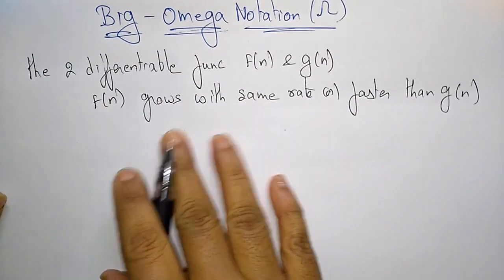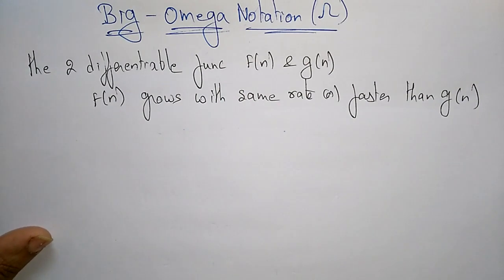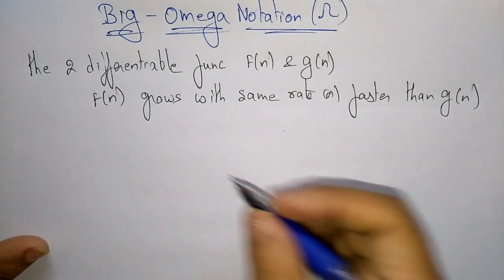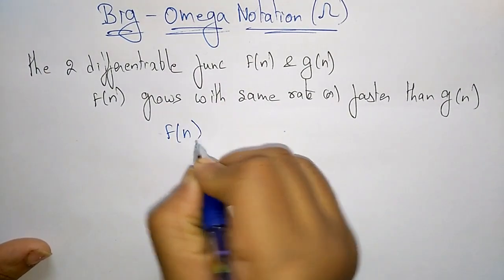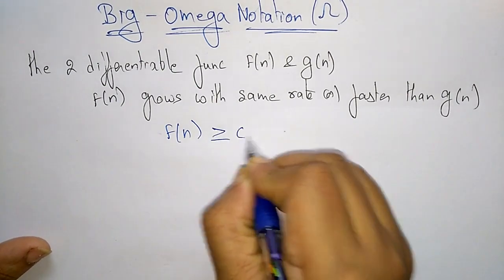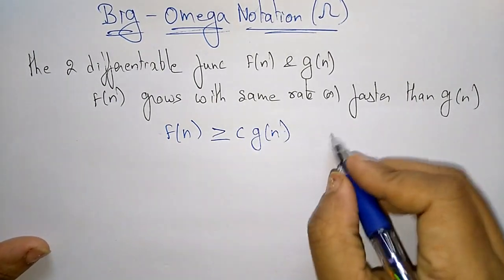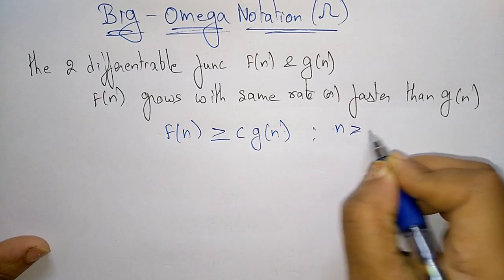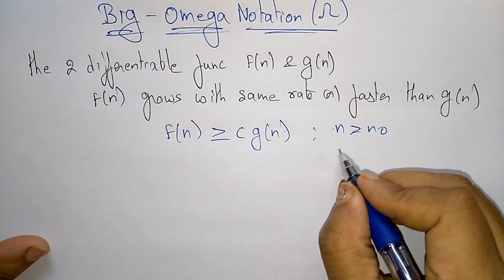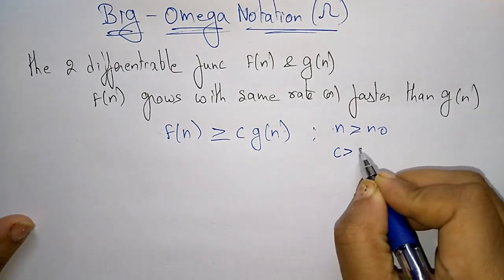So in the big omega notation, f of n grows with the same rate or faster than g of n. So it is represented as f of n is greater than or equal to c into g of n, where n is greater than or equal to n naught and c is a constant greater than 0.